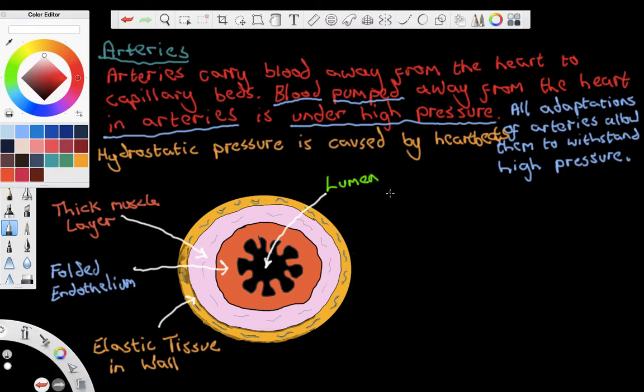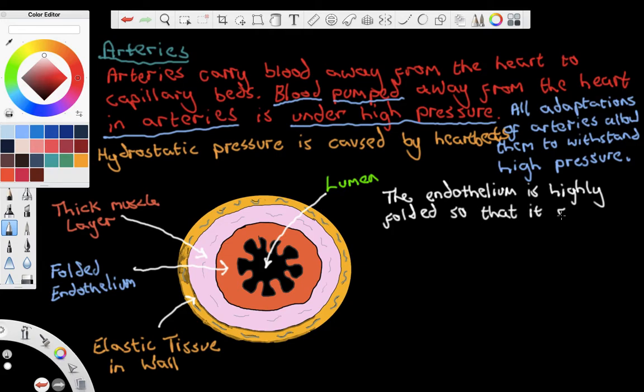So we can say that the endothelium is highly folded so that it doesn't rip when the artery expands under pressure.